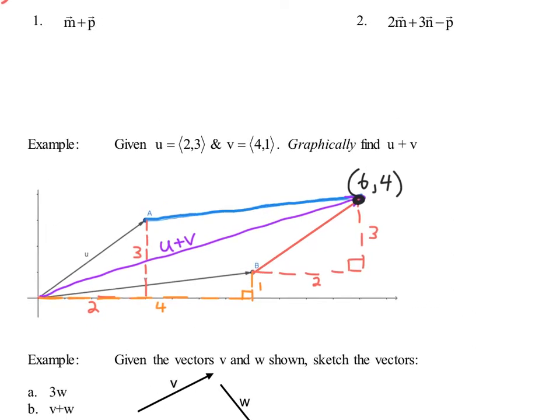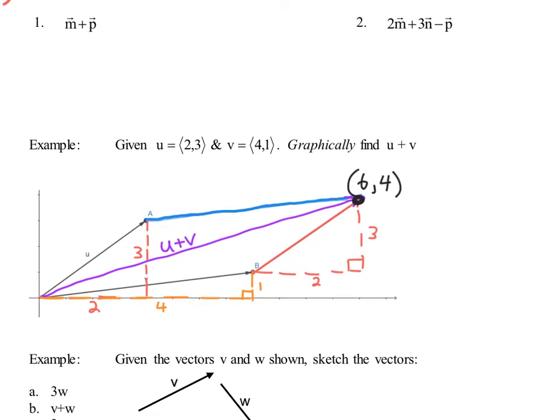All right, so that's our graphical representation leading us to the vector 6, 4. When I show you how to find magnitudes, then you'll see that really it's just Pythagorean theorem all over the place, because the magnitude formula is how you'd find your distances.